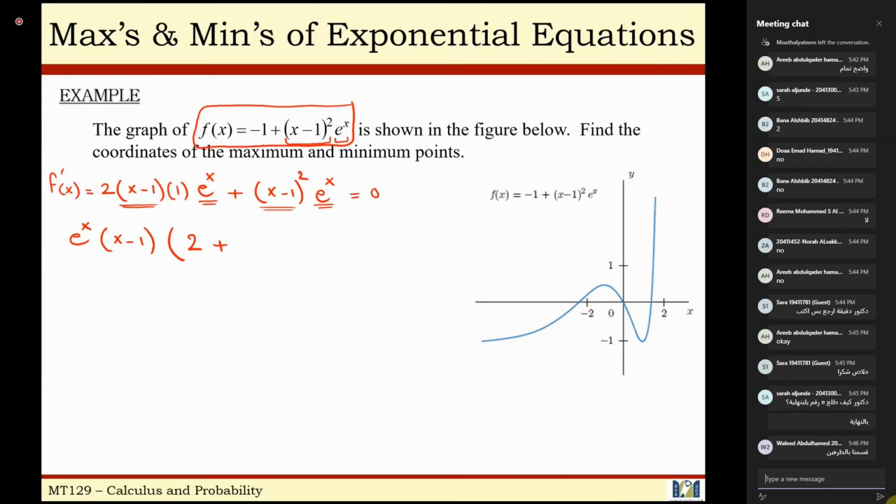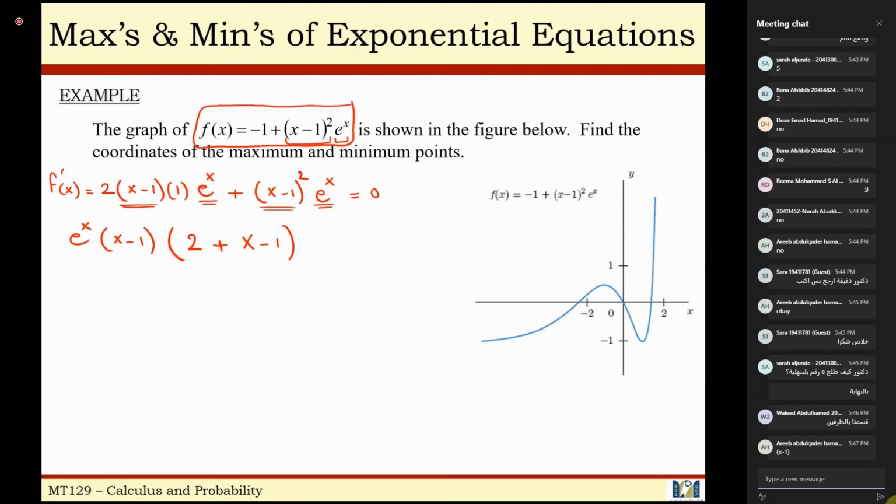So we have (x minus 1)(x plus 1) e^x equals 0. e to the power x equals 0 is impossible. Any e to the power x or b to the power x is not equal to 0. We mentioned that before in the slide. Now we have x equals 1 and x equals negative 1.